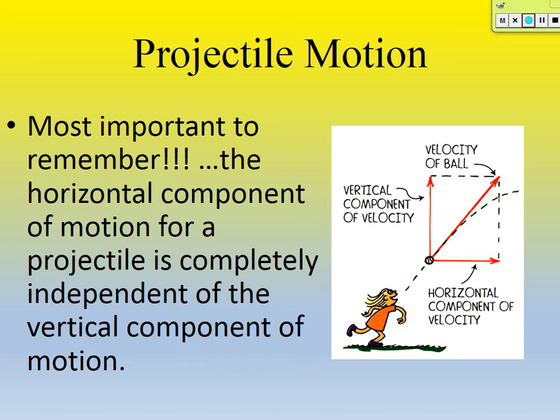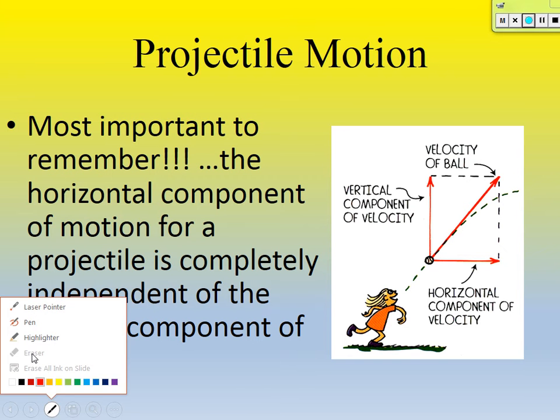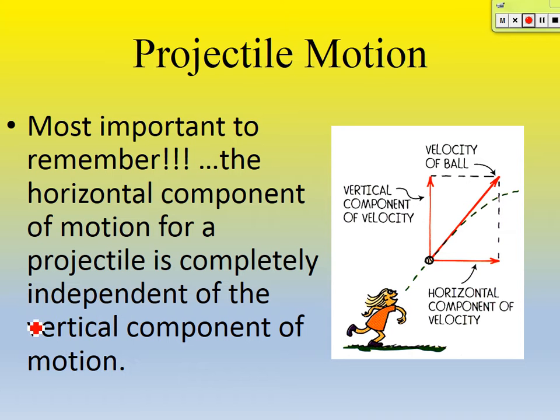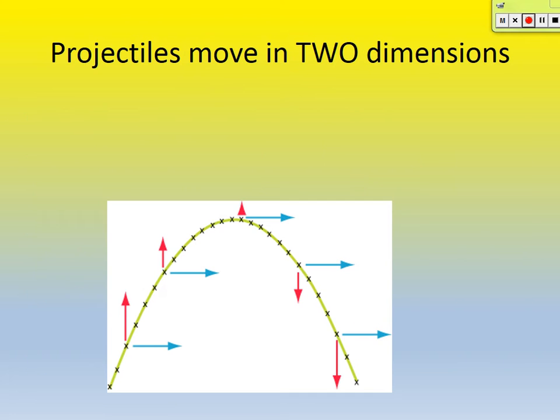So even though this girl is throwing the ball at an angle, what we've got to get used to doing, guys, is looking at the components of motion. There's a vertical component of motion right here, and there's a horizontal component of motion. And we can treat them independently of one another, which means they don't depend on one another.